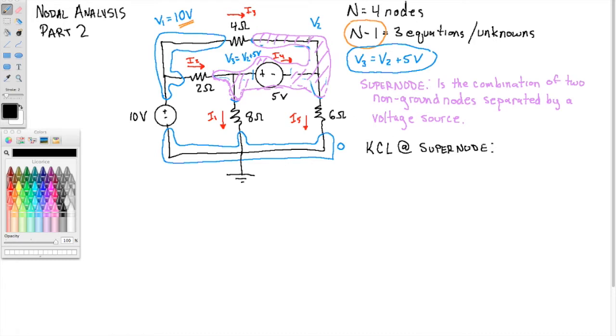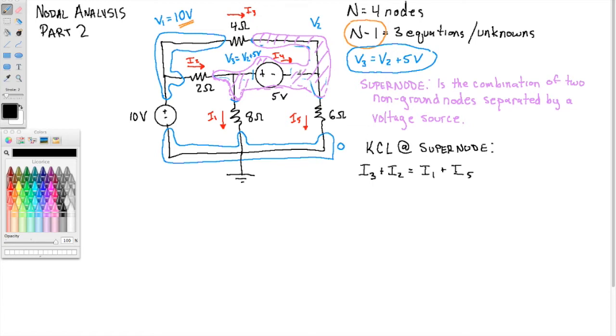So this thing in lavender is my supernode. I have I3 entering the supernode, and I2 entering the supernode. I have I1 leaving, and I have I5 leaving.